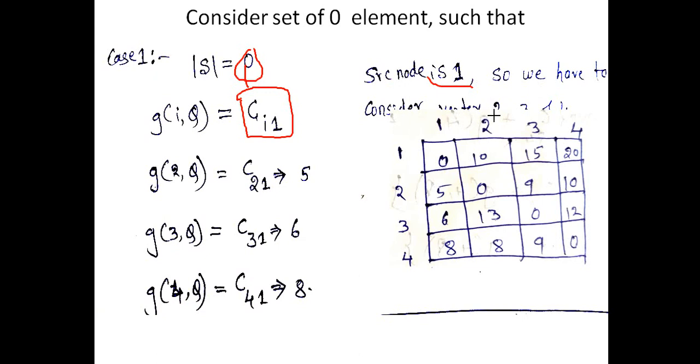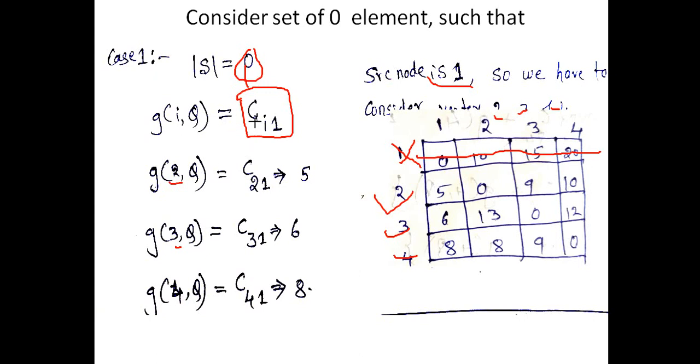So now in our example source node is 1, so we have to consider remaining nodes 2, 3 and 4. So I value is 2. Source vertex 1 is a source vertex, no need to consider this one. Okay, it is initially null. Now you have to find out individually the cost of these vertices.